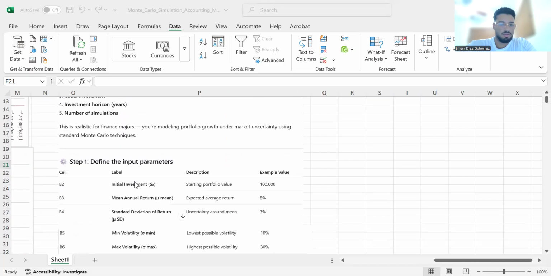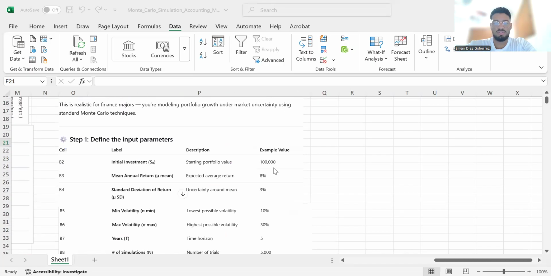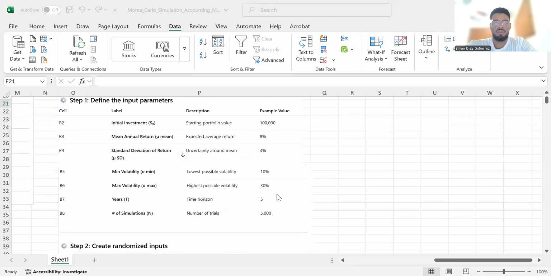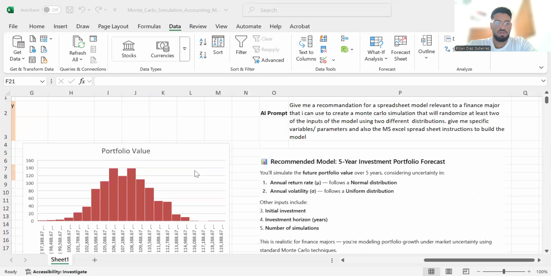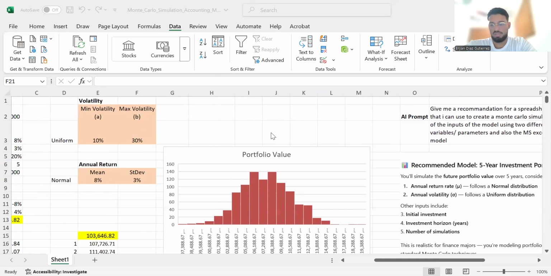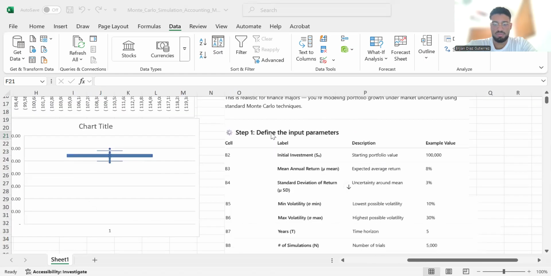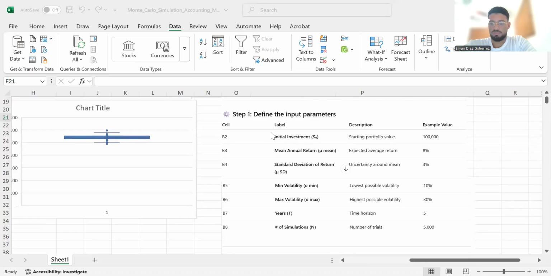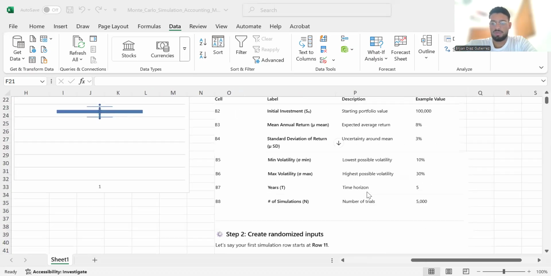And here they are: 100,000 in the starting portfolio or initial investment, 8% mean annual return, 3% standard deviation of return, and for volatility, they gave me 10% minimum and 30% maximum in a uniform distribution. And the time horizon, 5 years, and then 5,000 trials.